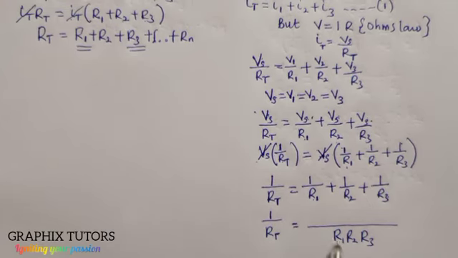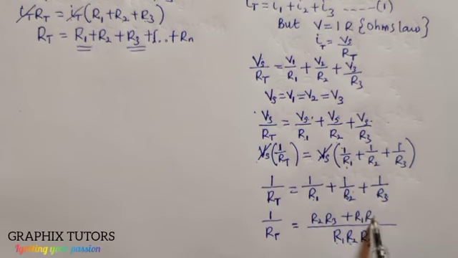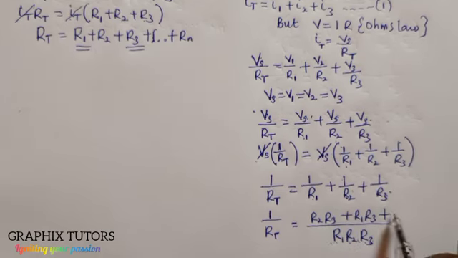R1 in R1 is remaining R2, R3, so R2, R3 times 1 gives us R2, R3. Plus R2 in R2 is remaining R1, R3, and R1, R3 times 1 gives me R1, R3. Plus R3 in R3 is remaining R1, R2, and R1, R2 times 1 gives me R1, R2.